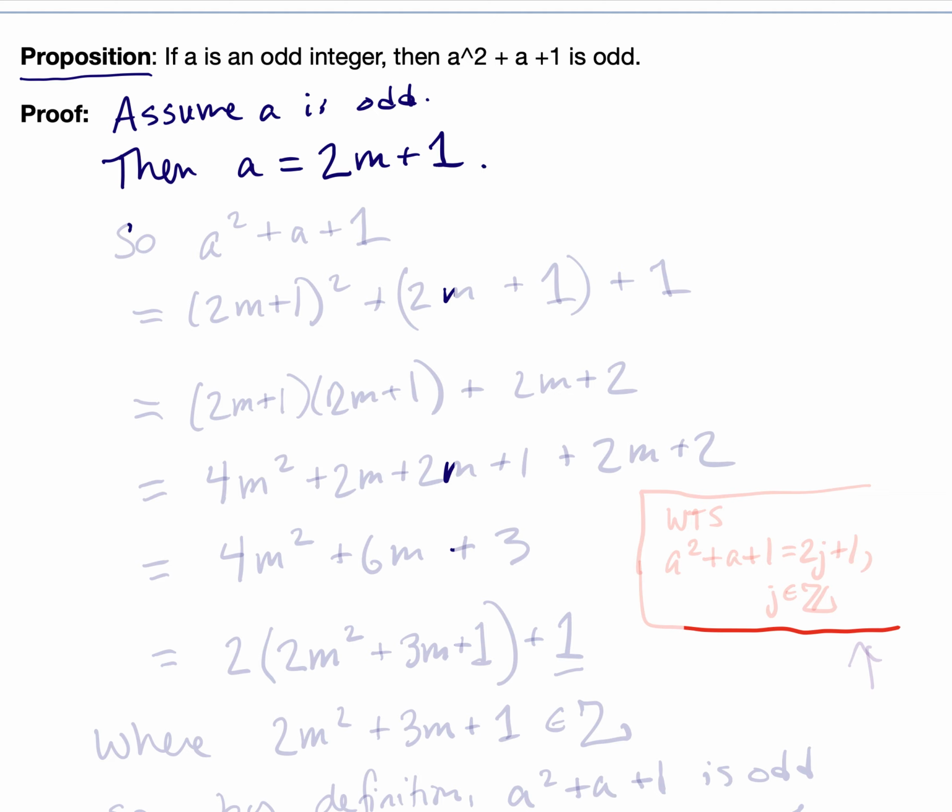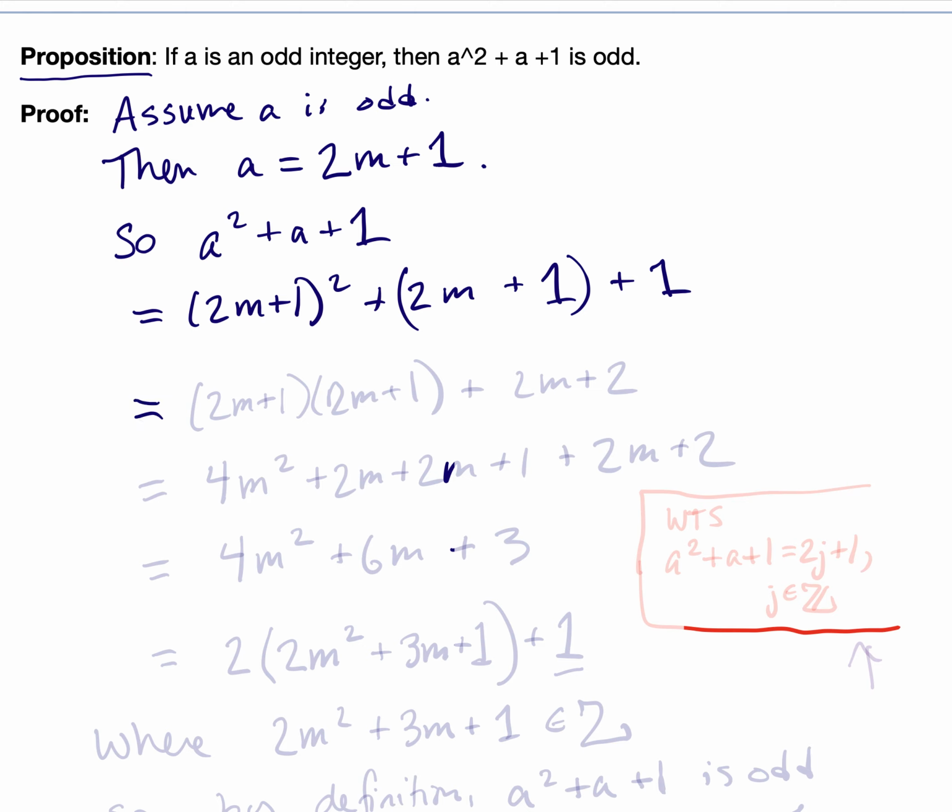And so we could observe that a squared plus a plus 1 is then equal to 2m plus 1 squared plus 2m plus 1 plus 1.